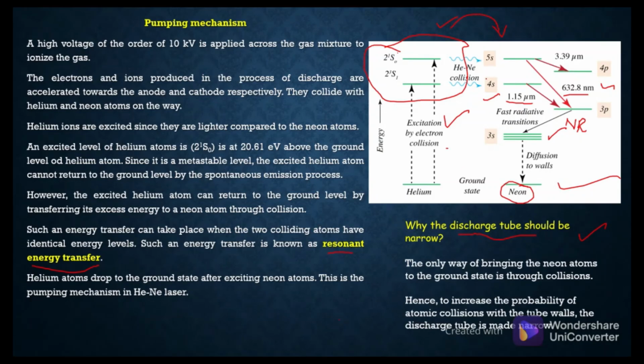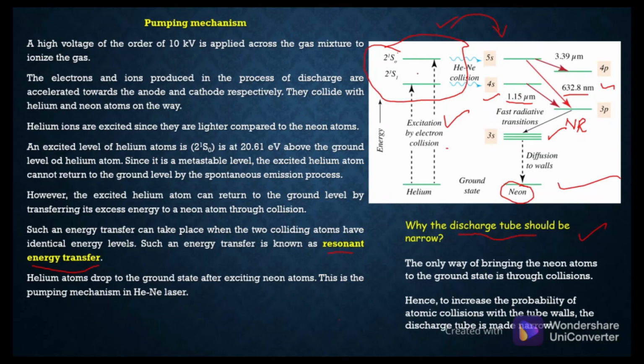So you have understood here the energy level diagram of helium and neon. The excited state level of neon and this metastable state of helium are very much closer. That's why these two gases and this combination are chosen. Since the helium atom is lighter in nature, it picks up the energy due to electron collision and moves to the excited state.